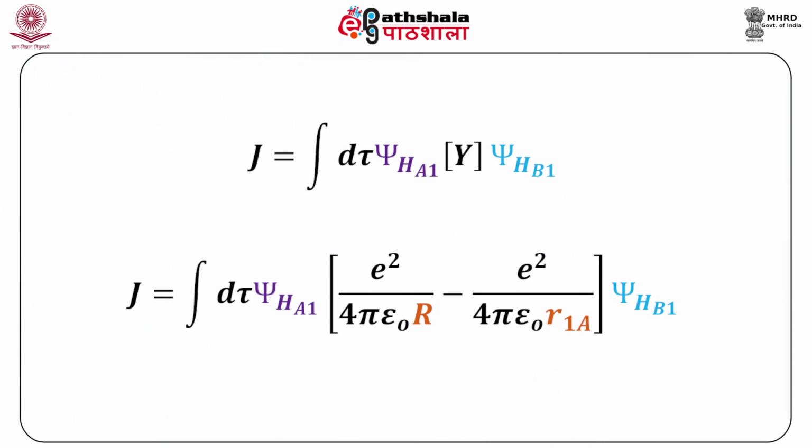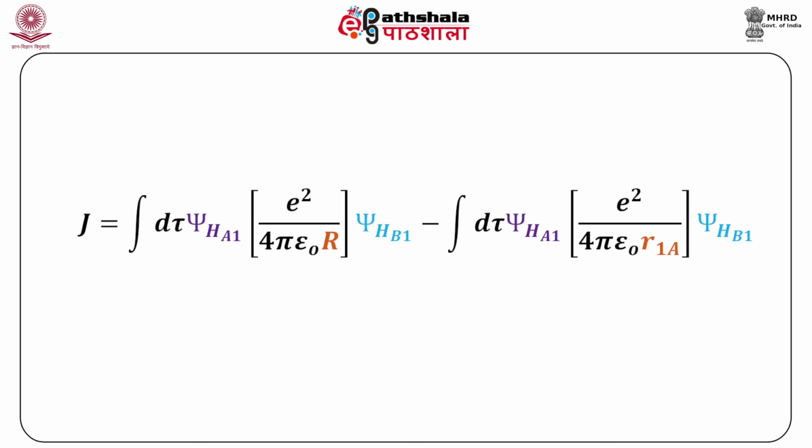J, as you have already seen, is given by the integral d tau psi HA1 y psi HB1. Again, we are putting the expression for y and then trying to simplify it.